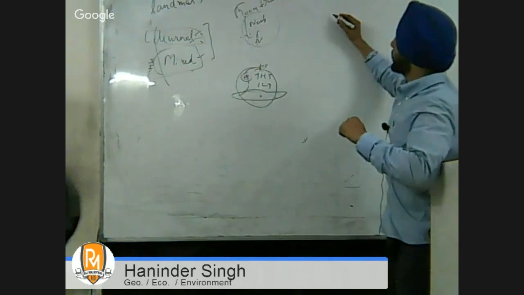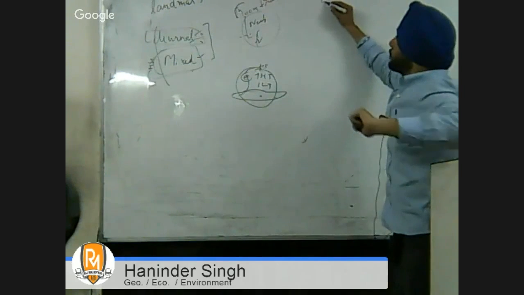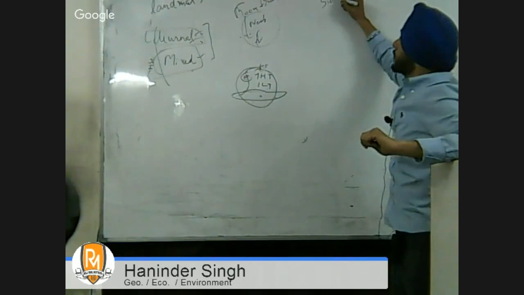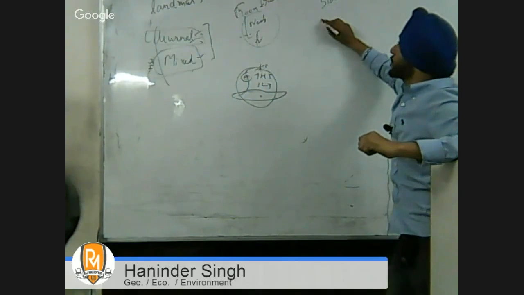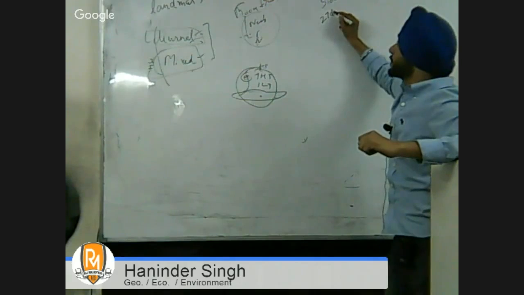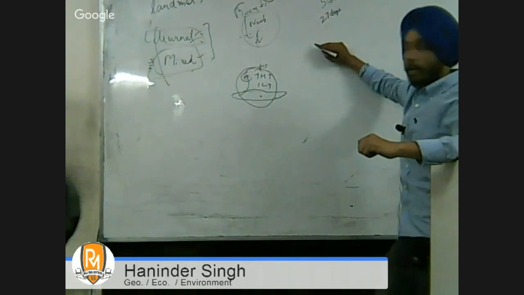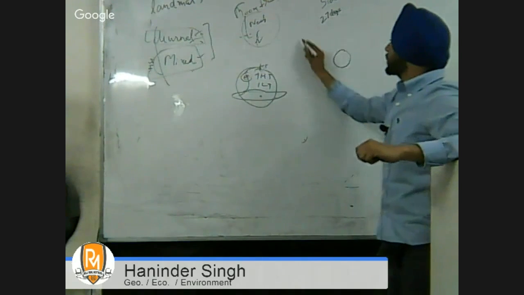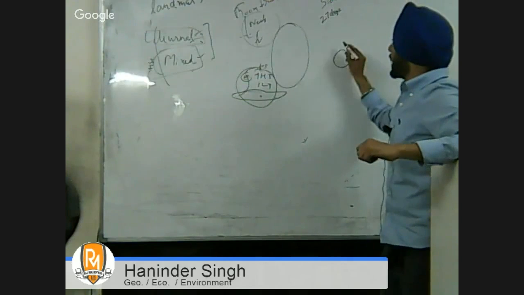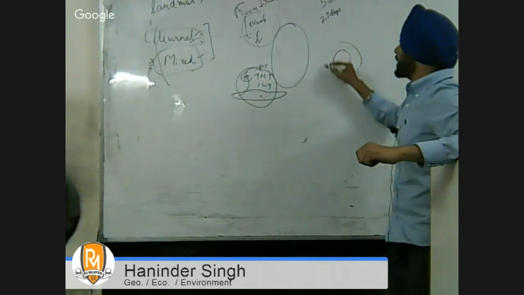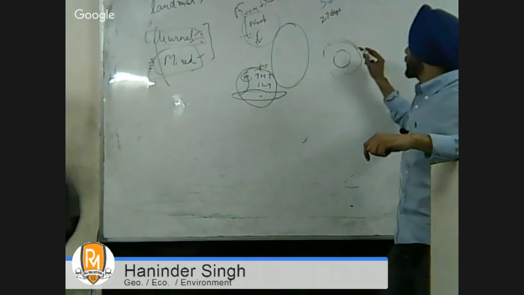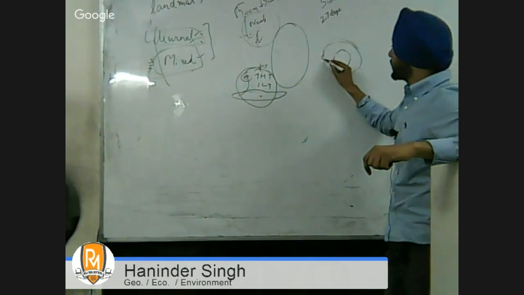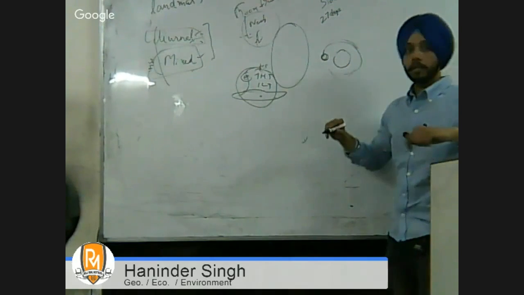Now look, a lunar month, the sidereal one, is about 27 days. This is the earth, this is the sun, and the moon is revolving around the earth. If the moon is here, what is it called?